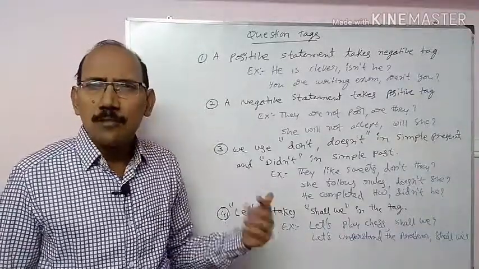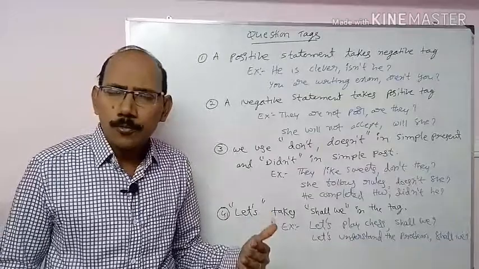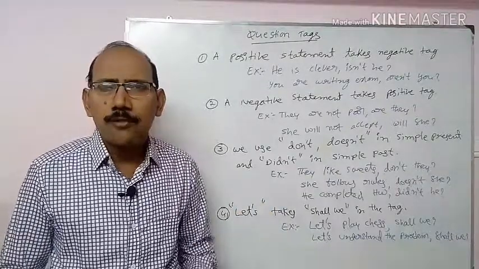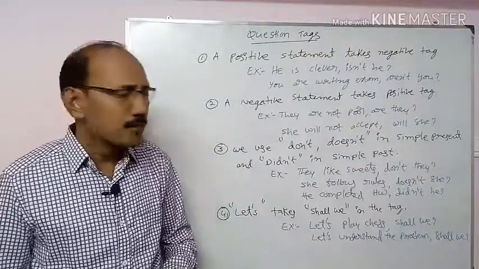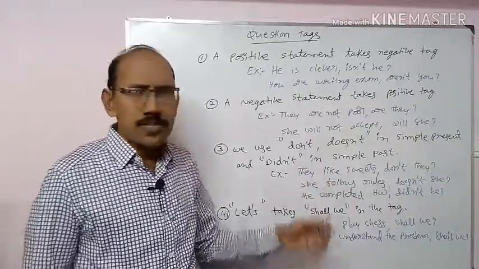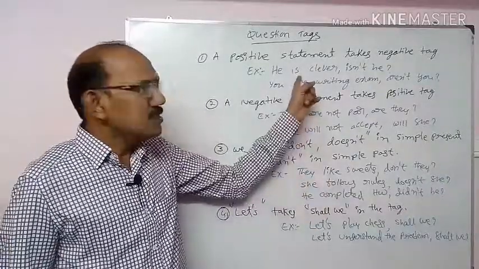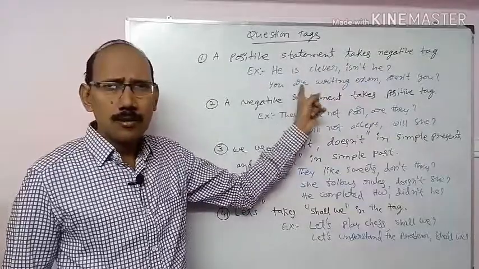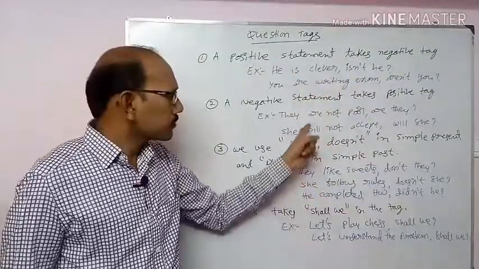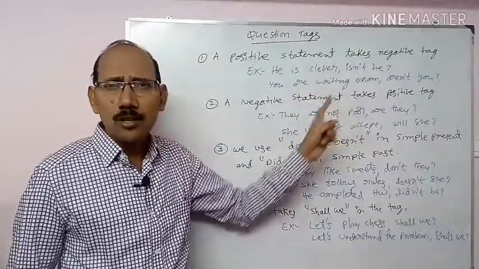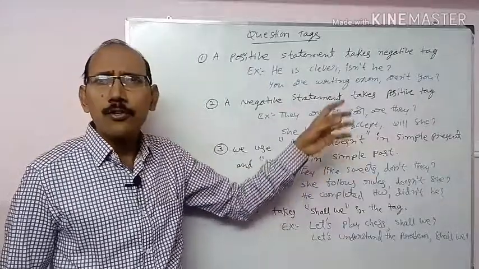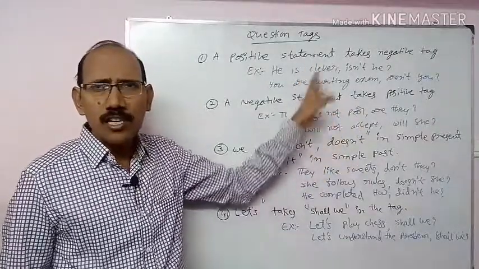And if the statement contains simple past, automatically we need to use "did not". They like sweets. So far, if "is" is there, we use "is not"; if "are" is there, we use "are not"; if "are not" is there, we use "are"; if "will not" is there, we use "will". So far we don't find any difficulty.